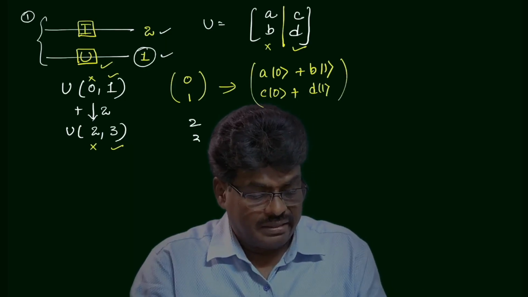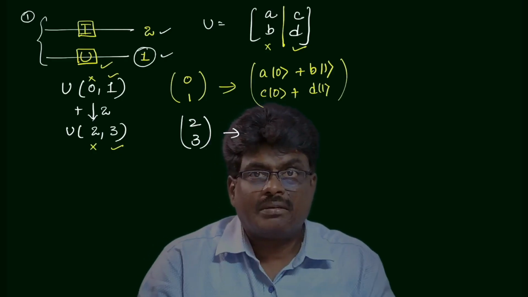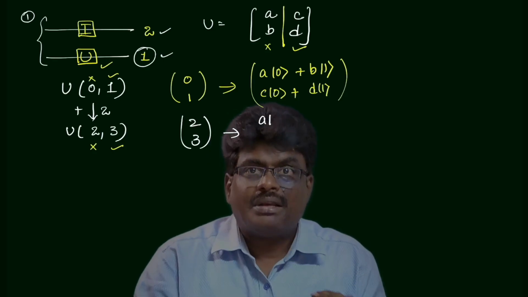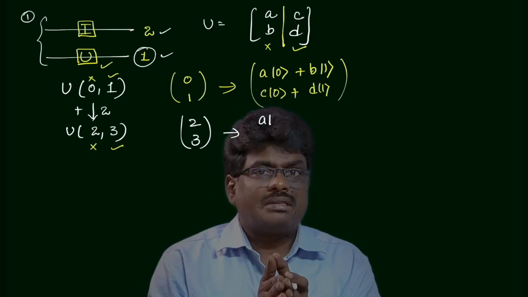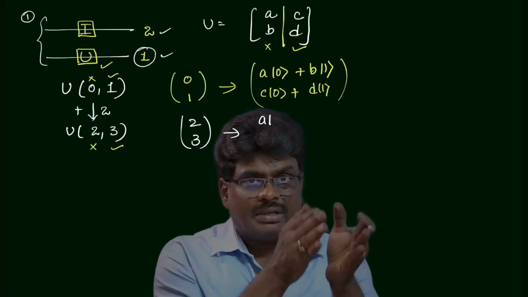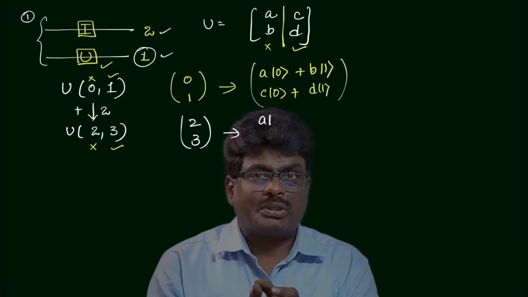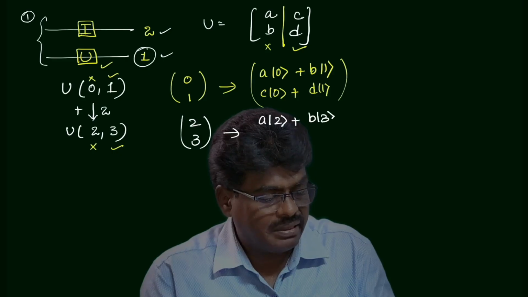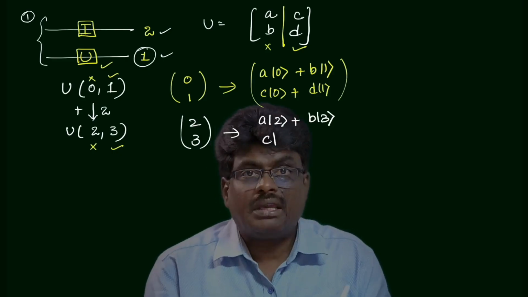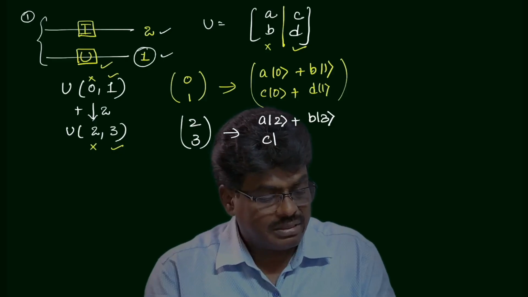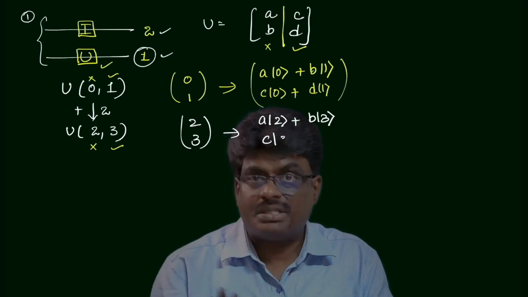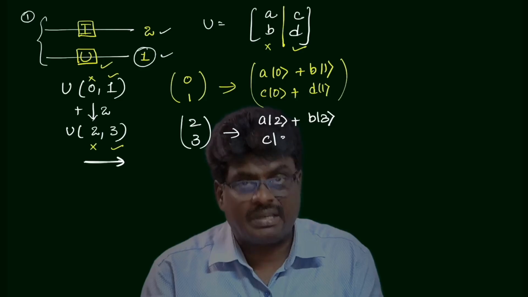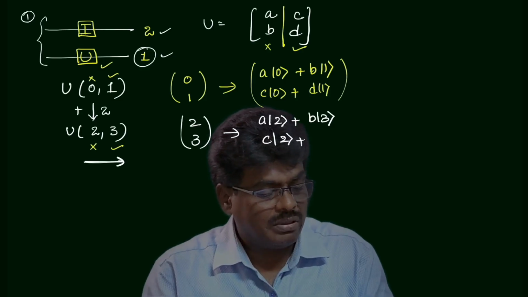And if I take this 2, 3, now see carefully, this 2 is off, that's why A into, remember, U of 2 comma 3 means that operator creates a superposition of 2 and 3. That's why A ket 2 plus B ket 3. And 3 stands for on. You should not change the order. You have to take the same order, 2, 3 only. Here, please see here. That is C ket 2 plus D ket 3.